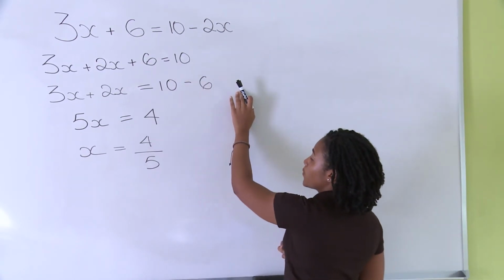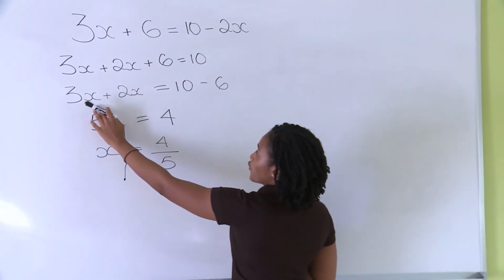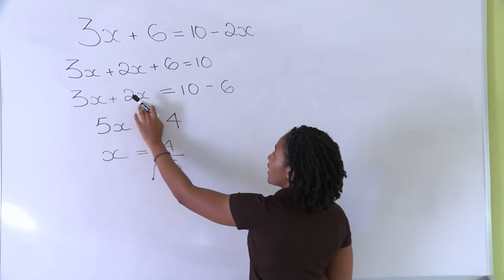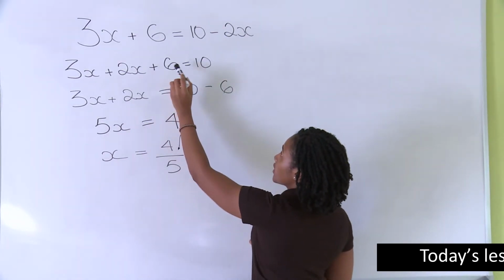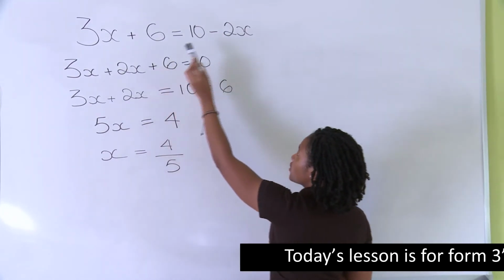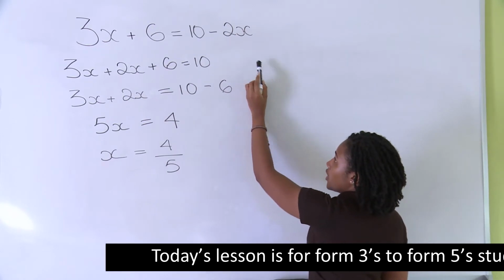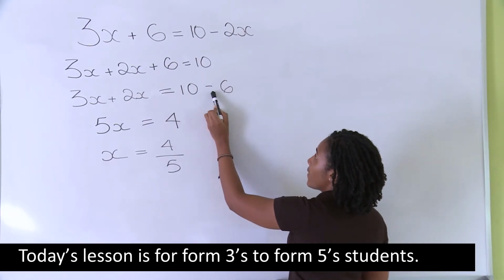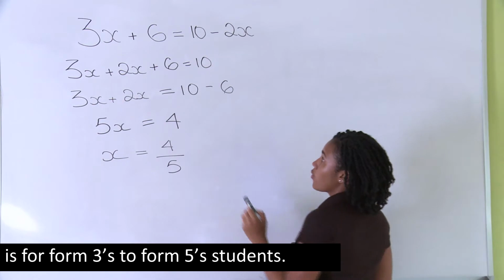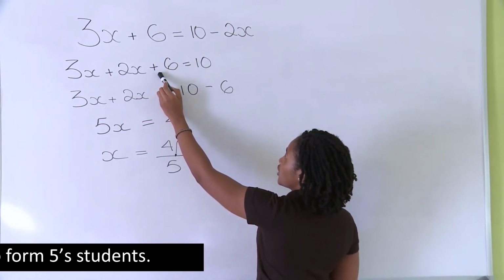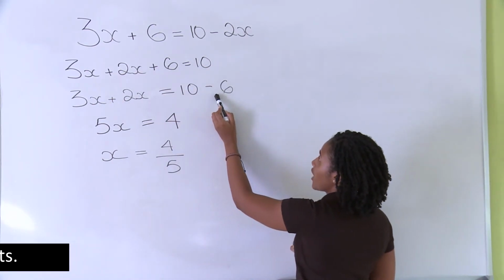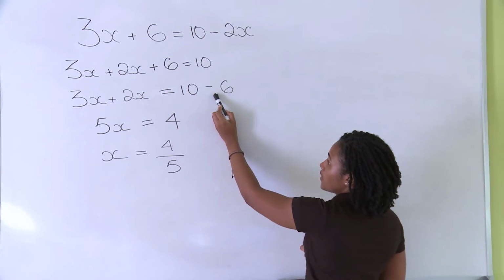We're still on the grouping, right? We have 3x plus 2x, and what we did here is that we brought plus 6 over to our right-hand side, where it is now 10 minus 6. Notice our operation of addition has changed to the operation of subtraction, right?